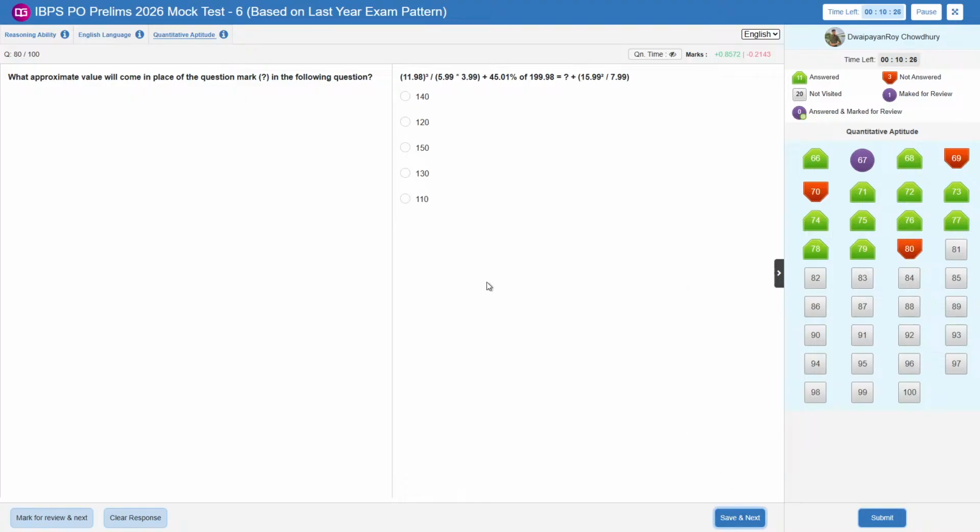Okay, then it is going to be 12 into 12 into 12 upon 6 into 4 plus 90 is equal to x plus 16 into 16 upon 8, so 32. This is 24, 12, 2.